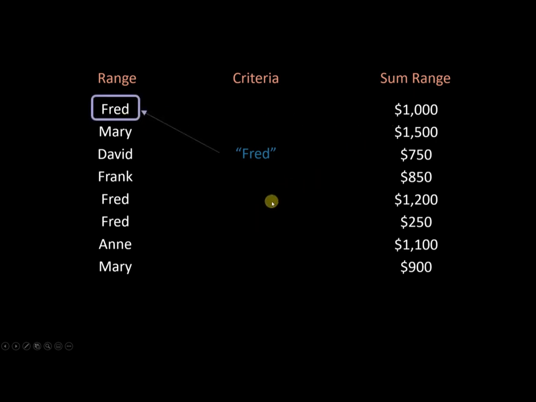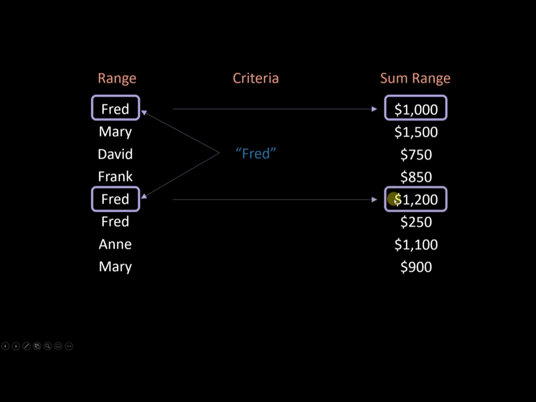When it runs, it says, oh, Fred, it made a match, and the match then goes to the corresponding sum range and adds this value as it goes. The next find would find the next value of Fred, and it would add to the 1,000. So our running total, if you stop the execution of SUMIF, would be 2,200.